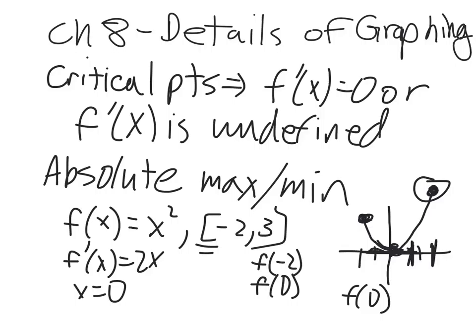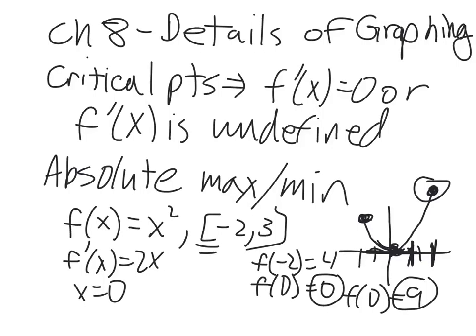But -2 to 3, the critical point does fit in the interval. So calculating, we find 0 would be the minimum and 9 would be the maximum. Okay, so critical points and endpoints are possibilities for maximums and minimums, absolute maximums and absolute minimums. Okay.